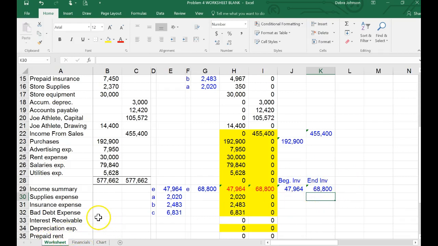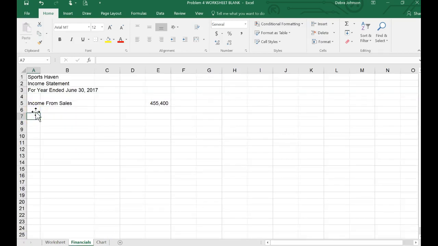So now I'm ready to calculate cost of goods sold. And again, I'm going to 100% cell reference my work. So my next section is going to be called Cost of Goods Sold, and you have a slide on what this should look like. I'm going to start off with my beginning inventory, and then to that I'm going to add in my net delivered cost of purchases, but in this case that only is comprised of the purchases account because they don't have freight in and they didn't have any contras.